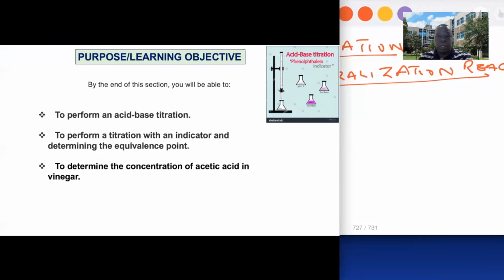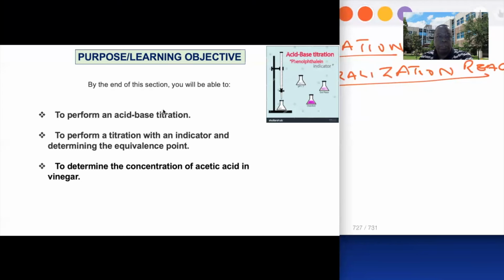So here, this is a cartoon, an illustration, a typical setup of titration. There is a burette here, this is the burette stand, the burette holder on this side. Typically, acid-base indicators, phenolphthalein in this case, is used to indicate the endpoint, and it changes color at equivalence or near equivalence point.